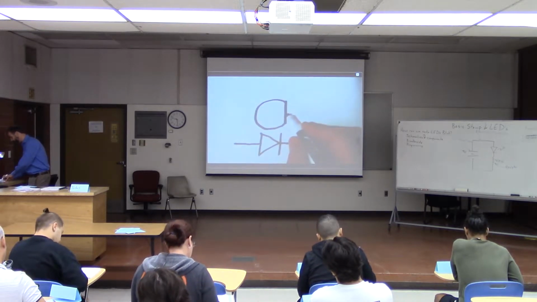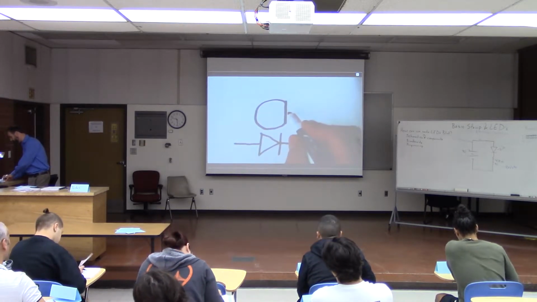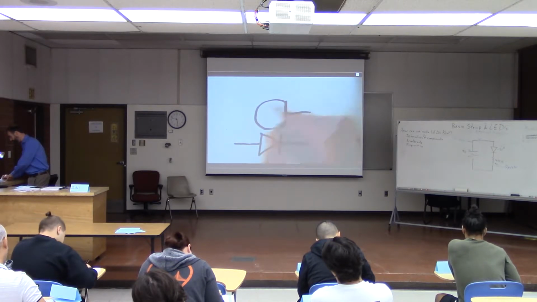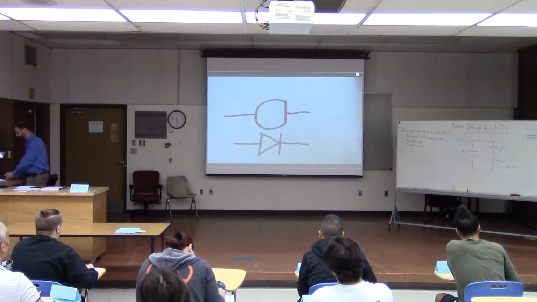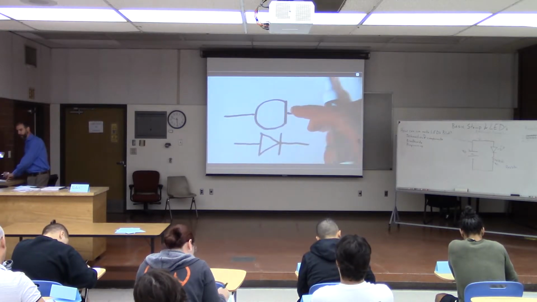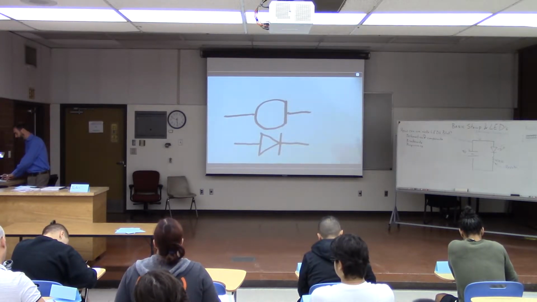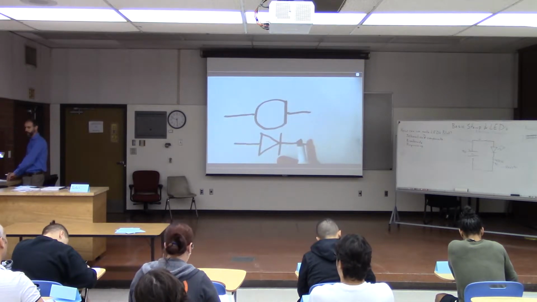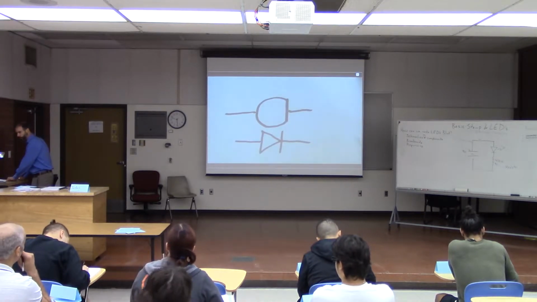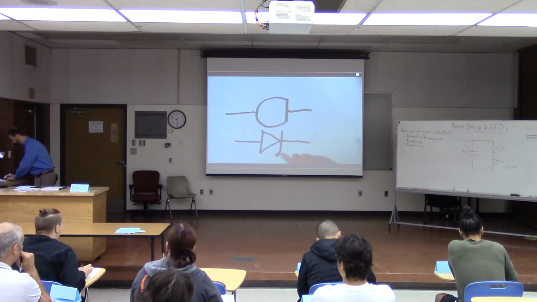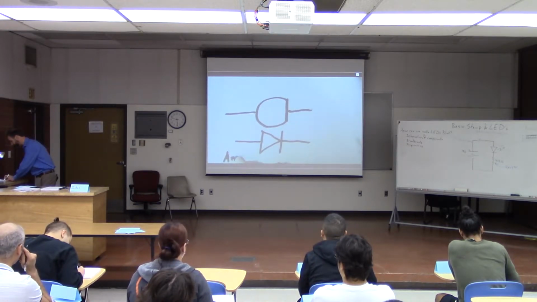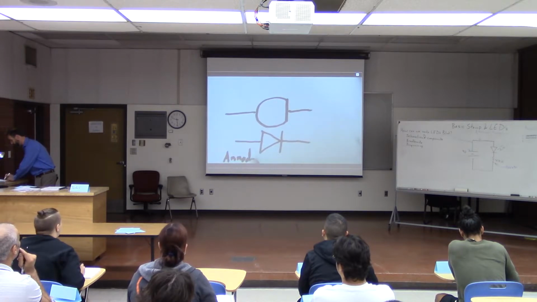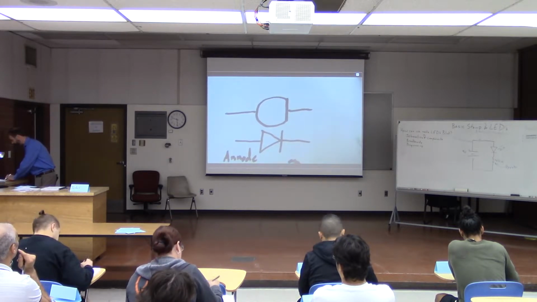And there should be one leg that comes out of the flat side of the LED and the other leg that comes out on the round side. Okay, so this is the physical shape of the LED. This is the schematic diagram. And for reference, this is called the anode, and this is called the cathode.